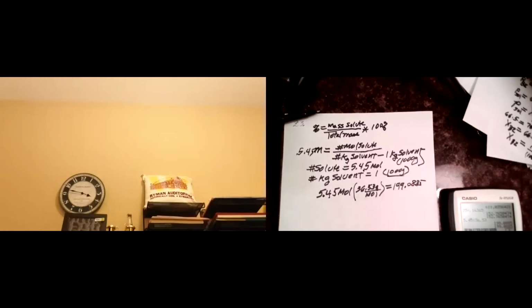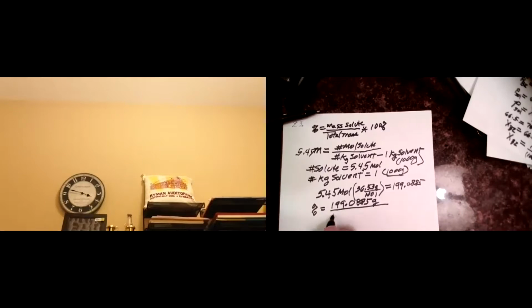And so for my percent, I've got the mass of the solute, 199.0885, and that's grams of solute. The total number of grams is going to be that plus 1,000. So it's that number divided by 199.08 plus 1,000 grams total times 100.